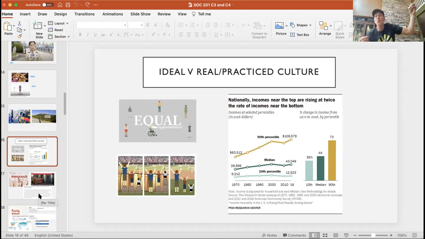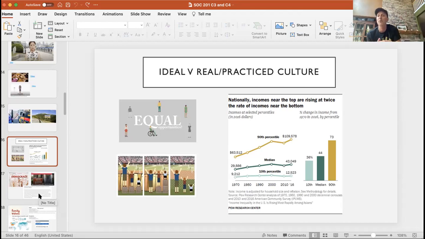And then also the issue of the impact of that idealization, that ideal culture. If we have a situation where there's a great distance between the ideal and the practice, what does it say for looking at income inequality, for example? If the ideal is that anyone can make it, but we have structural things going on that provide privilege and disadvantage for different groups, what does that do for us?